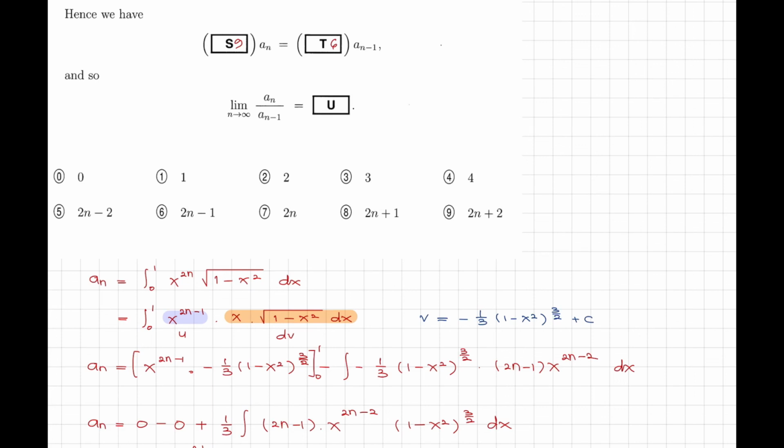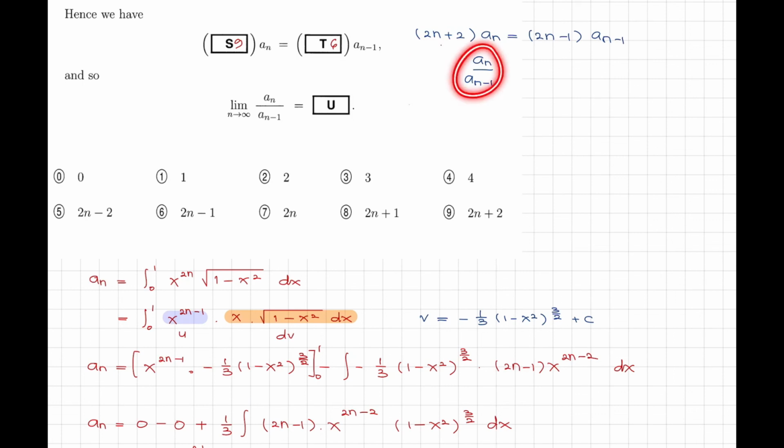We already know that 2n plus 2 times a_n is equals to 2n minus 1 times a_n minus 1. So if I divide a_n minus 1 to the left hand side, a_n over a_n minus 1, and 2n plus 2, we divide it to the right hand side.